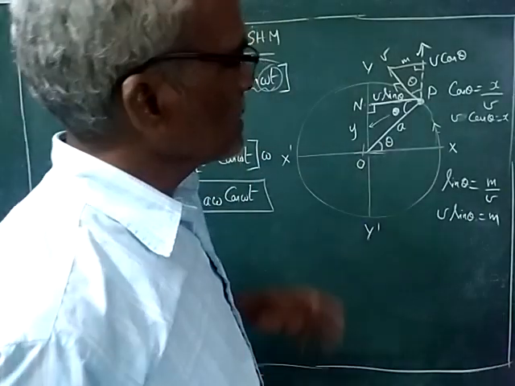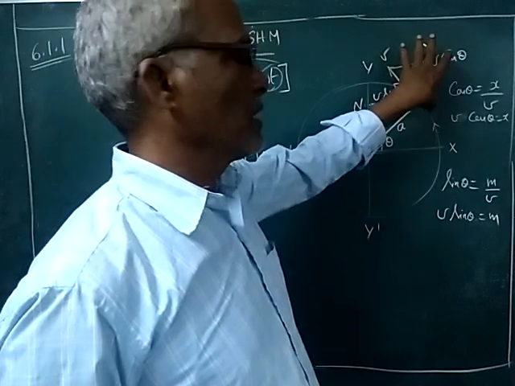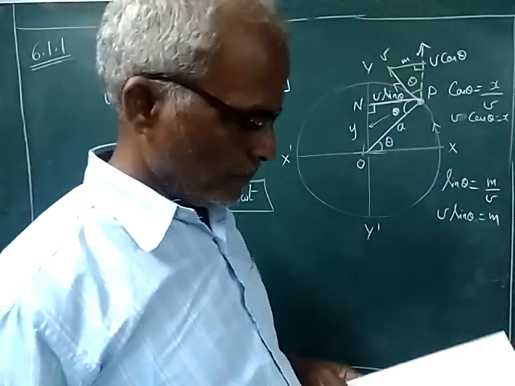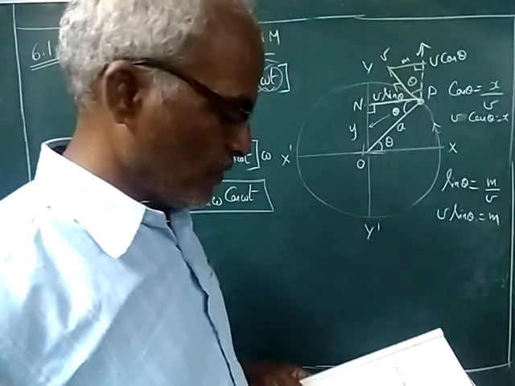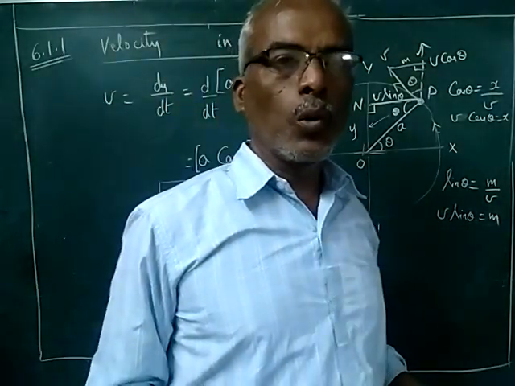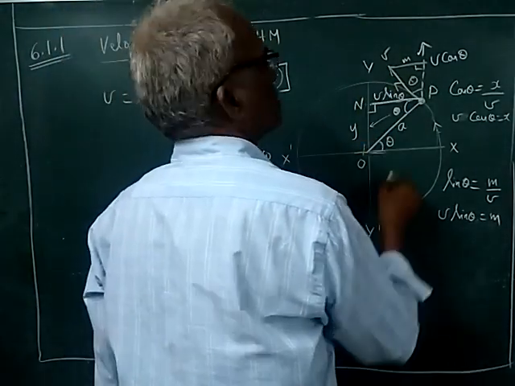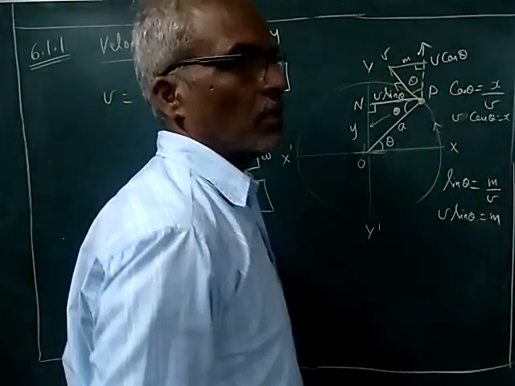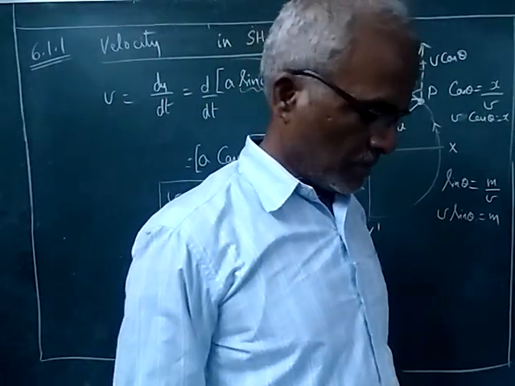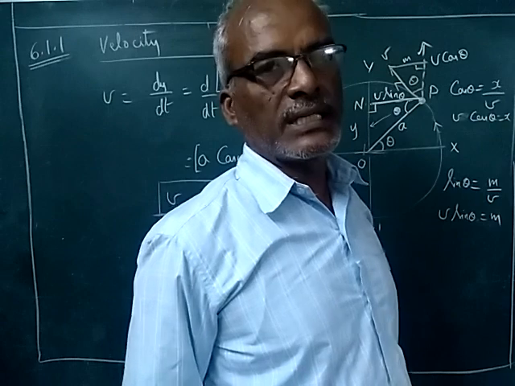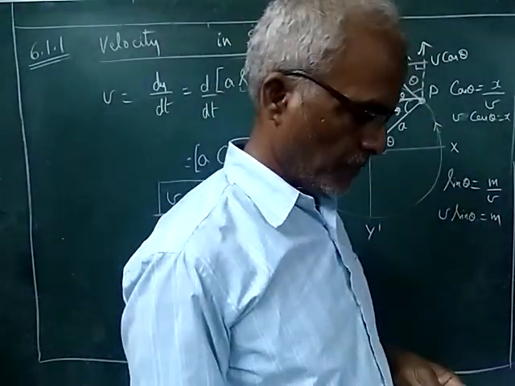In analyzing using components, the horizontal component is v sin theta and the vertical component is v cos theta. The component v cos theta has no effect along y dash. This v sin theta is perpendicular, so it does not have any effect. We need not consider v sin theta, we should consider only v cos theta.